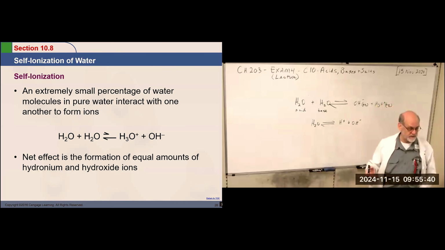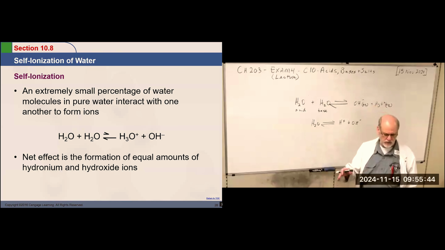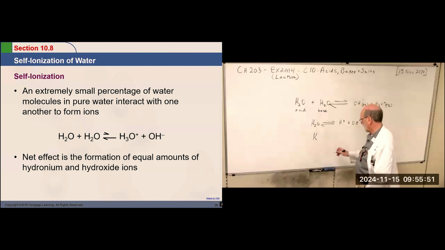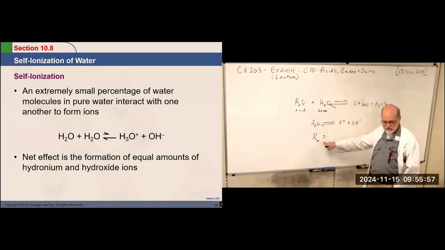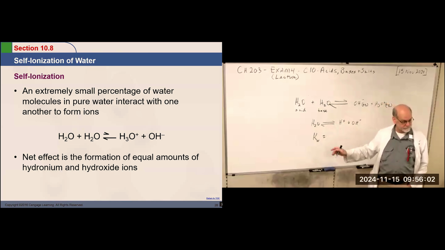Sometimes it's written this way, just for convenience. And for calculation purposes, this is the one that's usually used for calculating the K value. So the K value for this one has a subscript of W. And that says this K is only valid for that reaction.